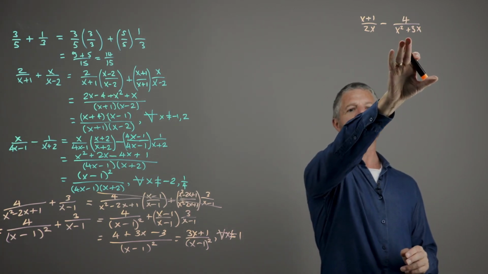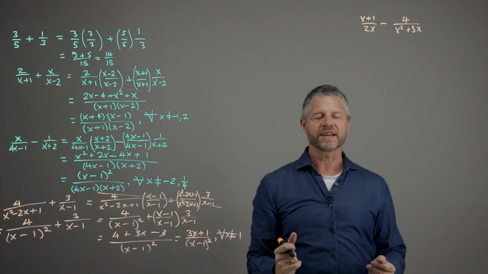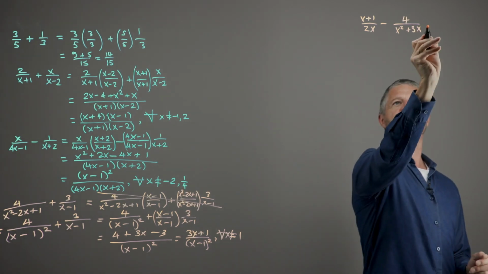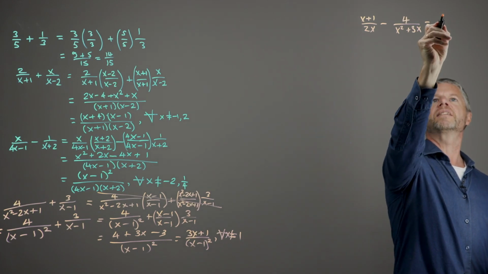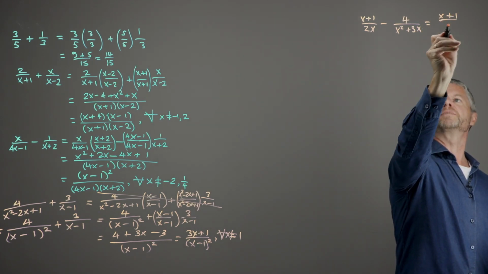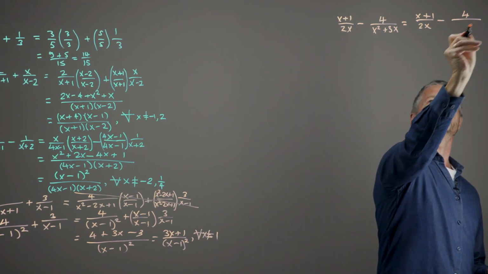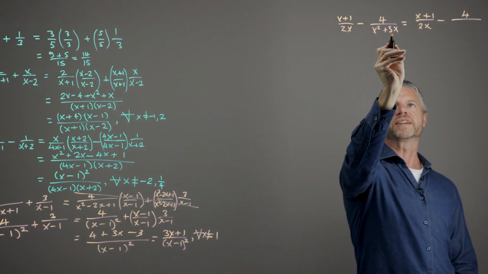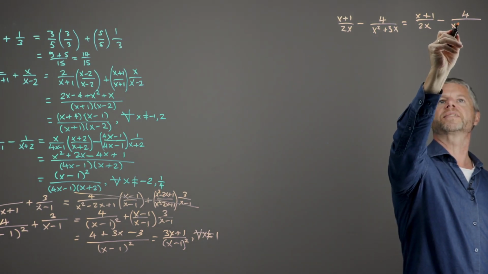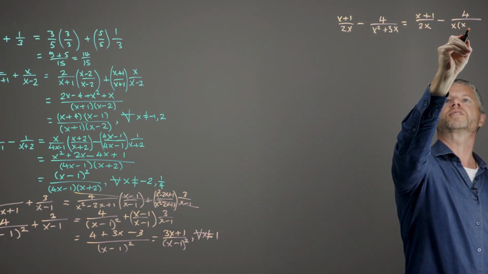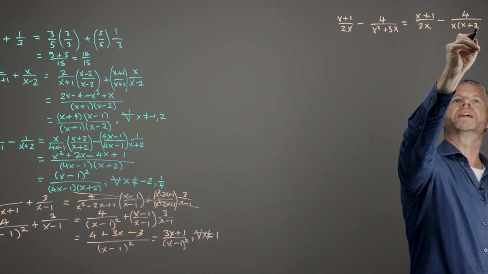We can see right away that the denominator in that second rational expression can be factored. So let's start there. So x plus 1 over 2x minus 4 over, and a common factor here is going to be x, and we'll be left with x plus 3.